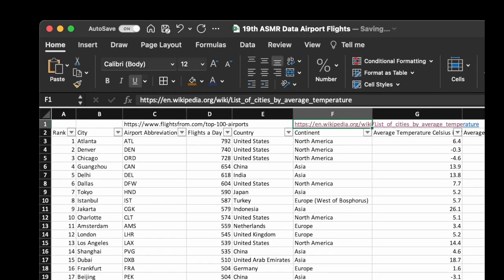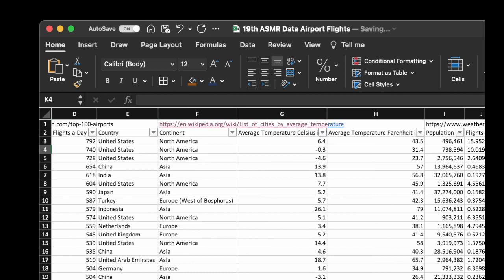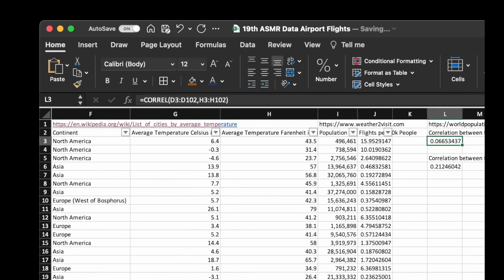Alright, so before I show the charts, I did a correlation because I wanted to see if there was any correlation between the number of flights and how mild the winters were, and there wasn't. If you see 0.06, it's a very, very weak correlation.